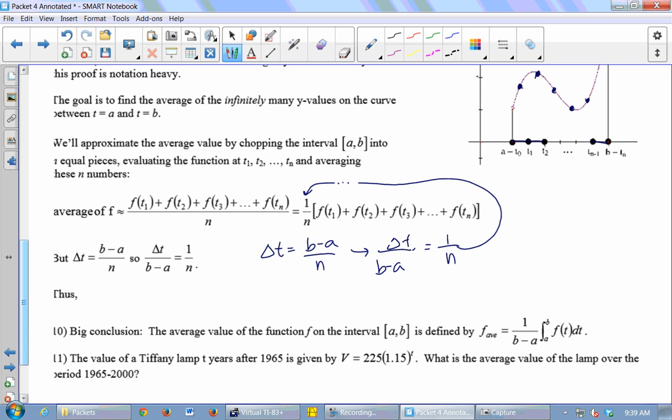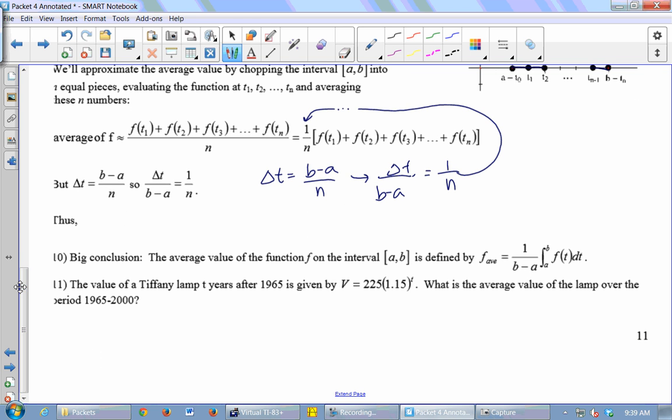So my big conclusion, when I put in delta t over b minus a there, I can leave myself enough room to write this. Instead of 1 over n, I have delta t, and instead of over b minus a, I'm going to write it as 1 over b minus a times delta t times f of t1 plus f of t2 up to f of tn.